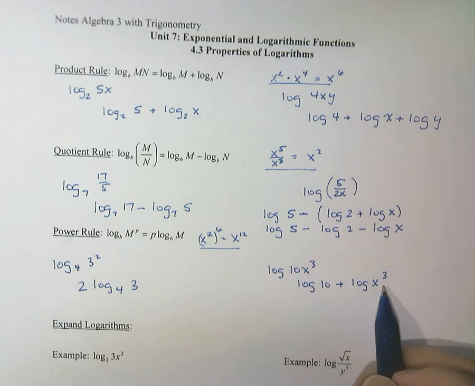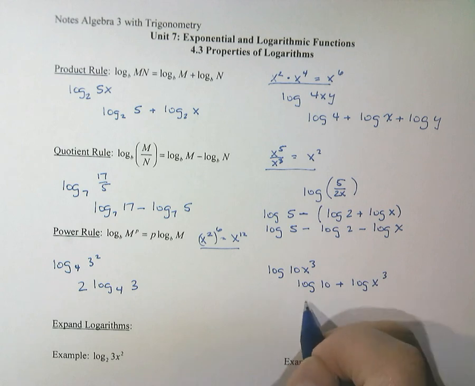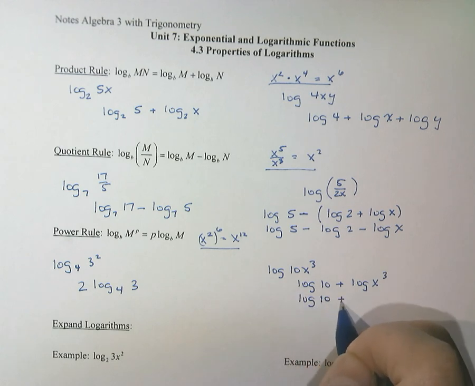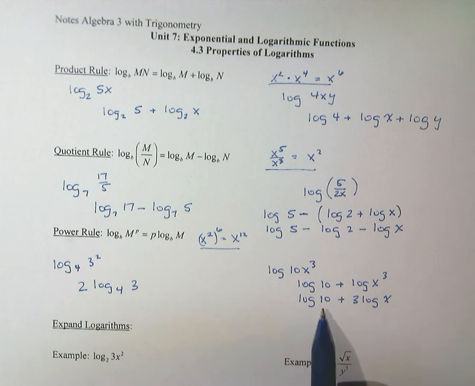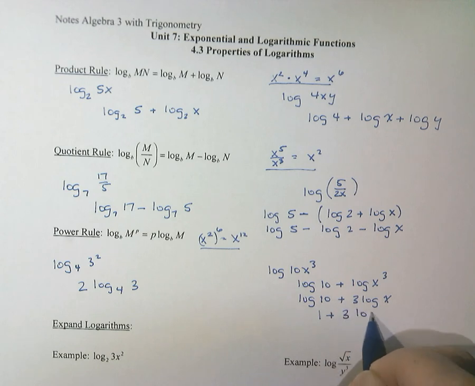Now I can use my power rule. This 3 comes in front, so I have log 10 plus 3 log x. At this point I also want you to start recognizing if you can simplify a logarithm. Log 10, well, since this is a base of 10 and the property says log base b of b equals 1, log base 10 of 10 is equal to 1. So I'd have 1 plus 3 log x.